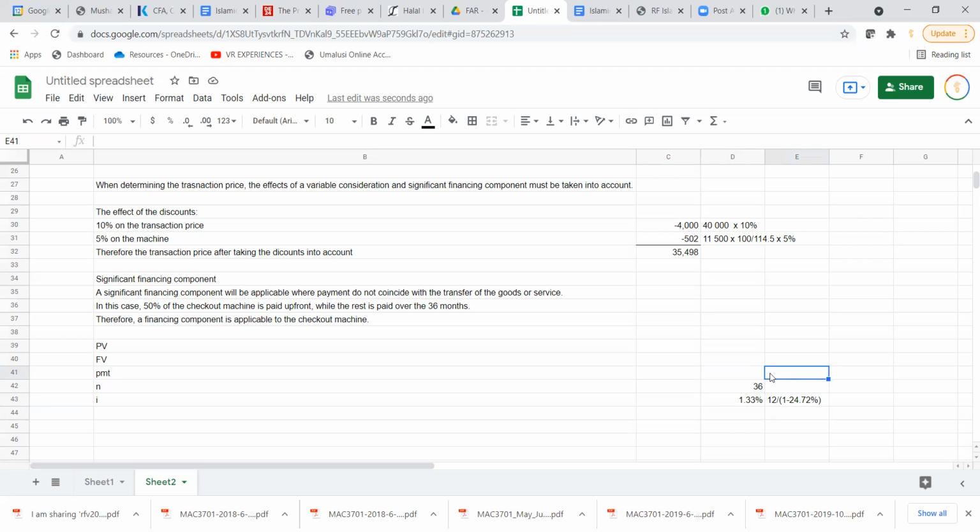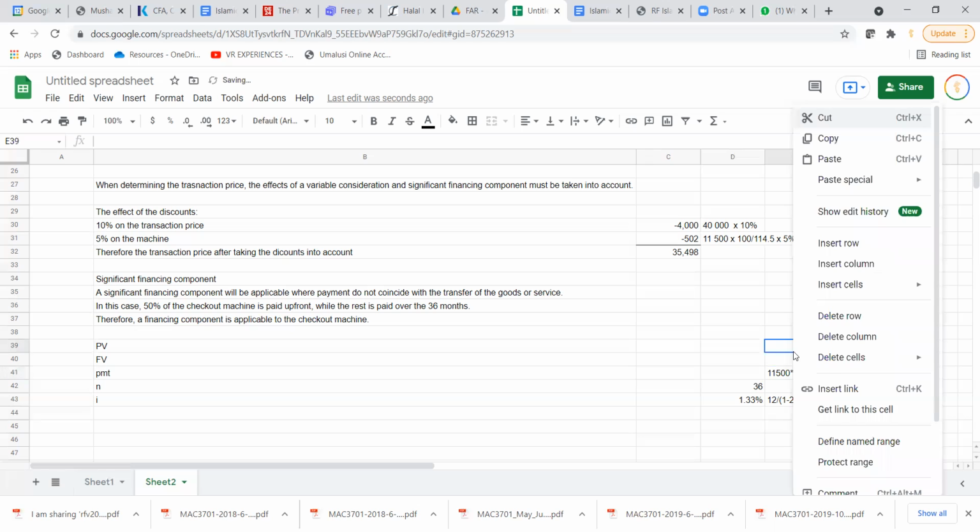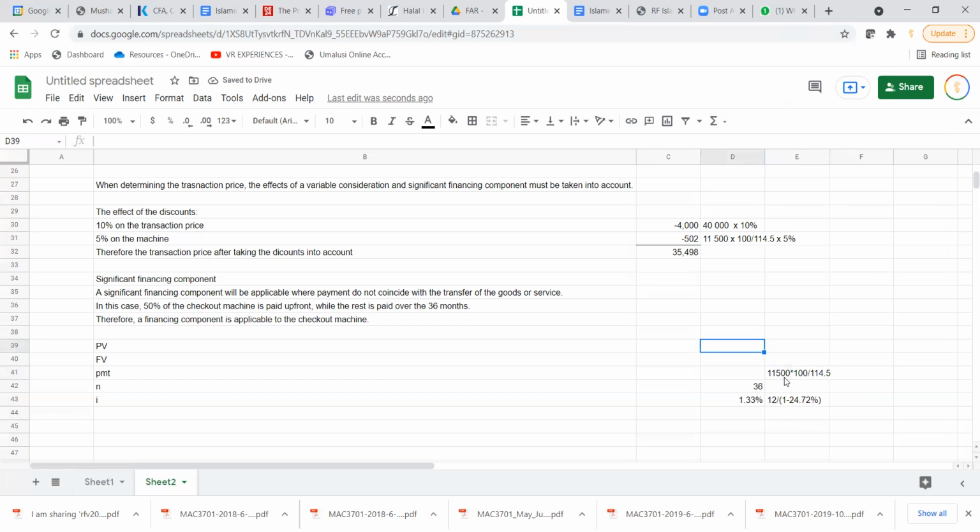The amount should be 11,500, but that is inclusive of VAT. We want an exclusive VAT amount, so I multiply by 100 divided by 114.5. That answer gives me the exclusive VAT amount.